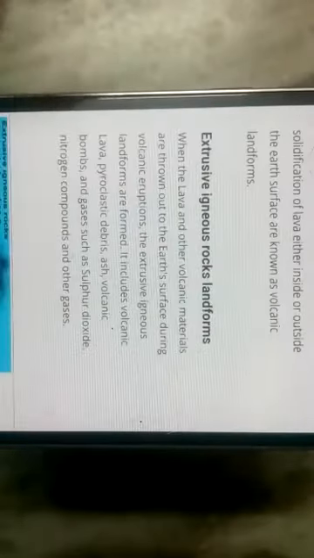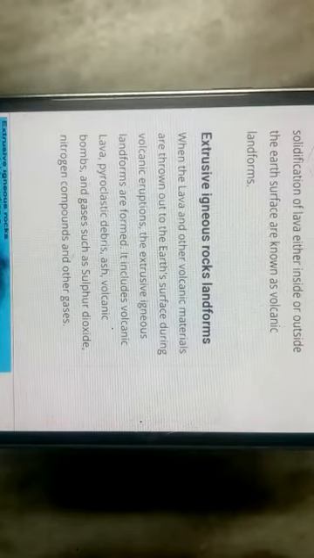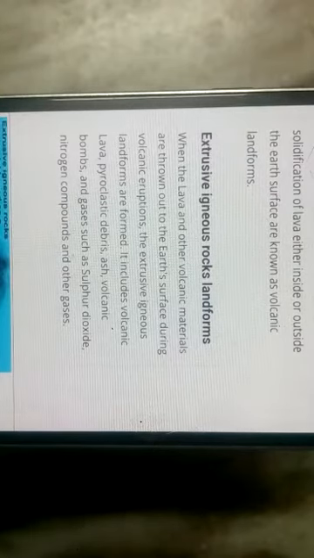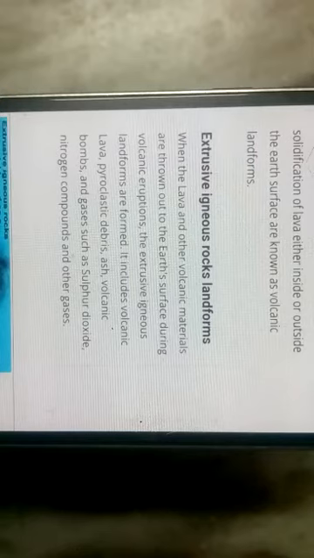Volcanic bombs means when different small and large pieces of rock come fast with great force from the crater, they are called volcanic bombs. And different kinds of gases like sulfur dioxide, nitrogen compounds and other gases, all these are the debris, or we can say the material which comes from the volcanoes.